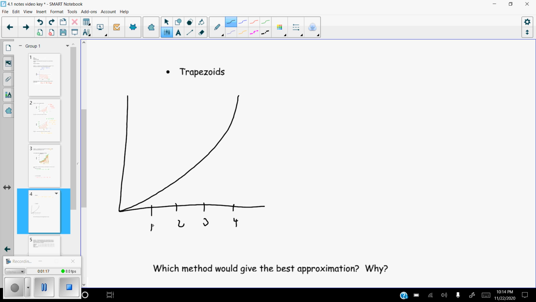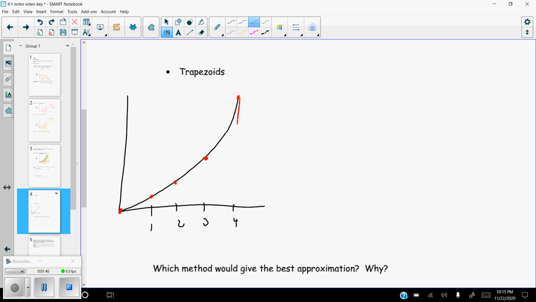It's going to be a similar idea, except this time, instead of using rectangles, we're going to use trapezoids. So what I'm going to do is put a point at each one of our partitions on the curve. And we're actually going to create trapezoids between those partitions.